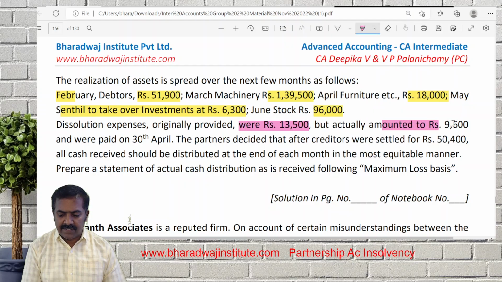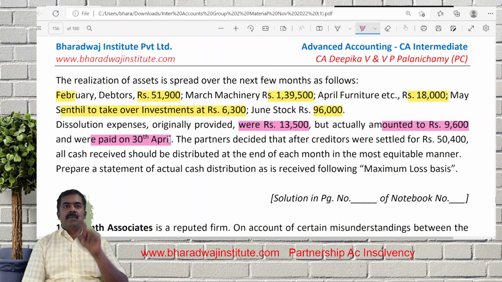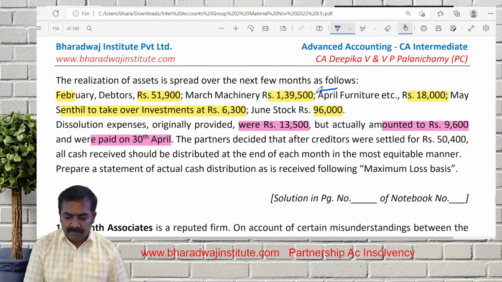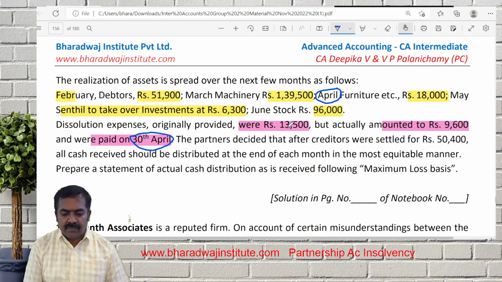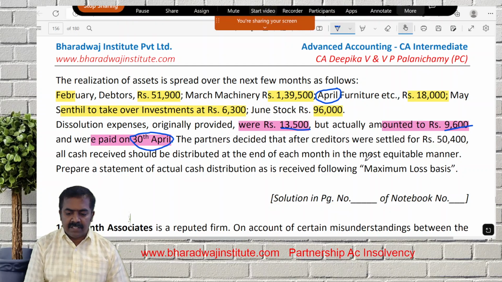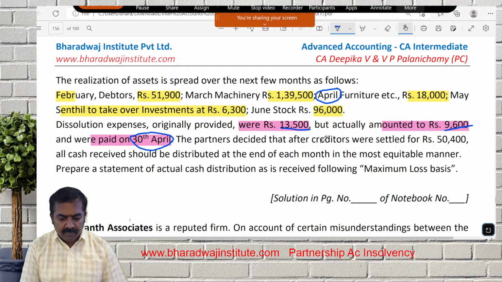But actual expenses 9,600, in which month? April, we came to know the actual expenses. Which means in April itself this surplus should be adjusted. 13,500 provided. How much is spent? 9,600. Now the remaining will be adjusted in which month itself? April itself.